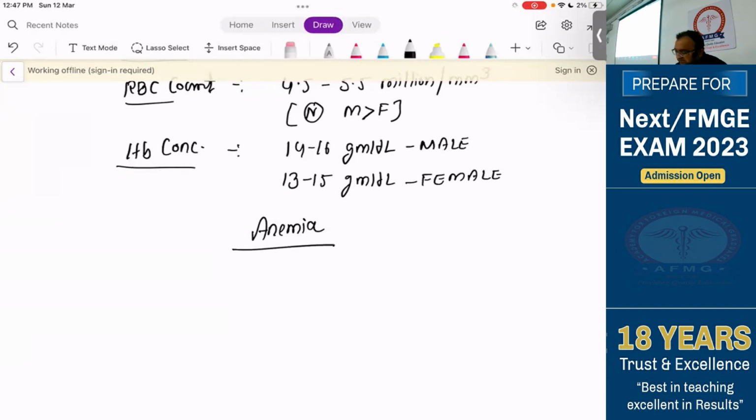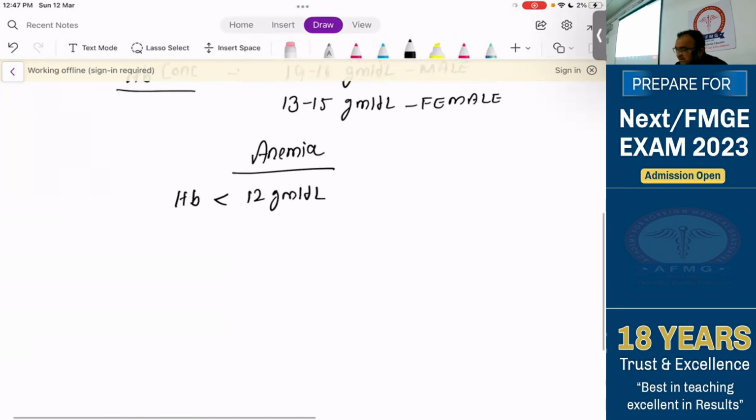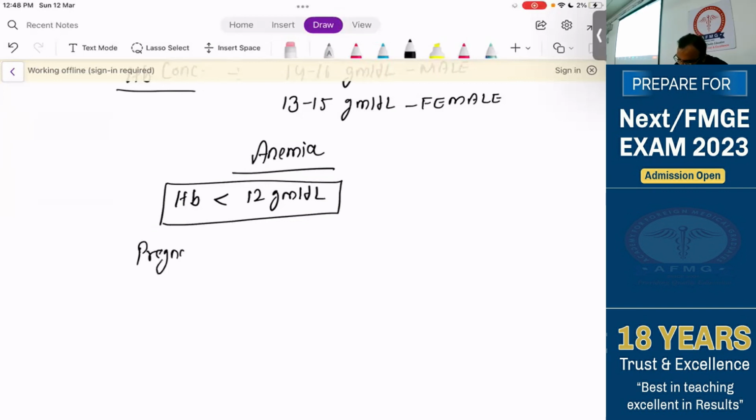So first of all, we'll see anemia. What will be the definition of anemia? If hemoglobin concentration is less than 12 gram per deciliter, it is called anemia. So this is a simple definition. In pregnancy, hemoglobin should be less than 11 gram per deciliter to call it anemia.